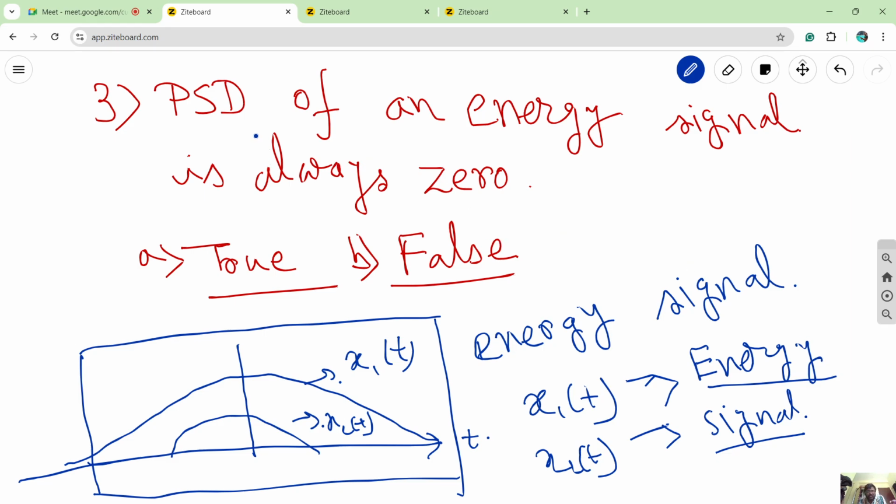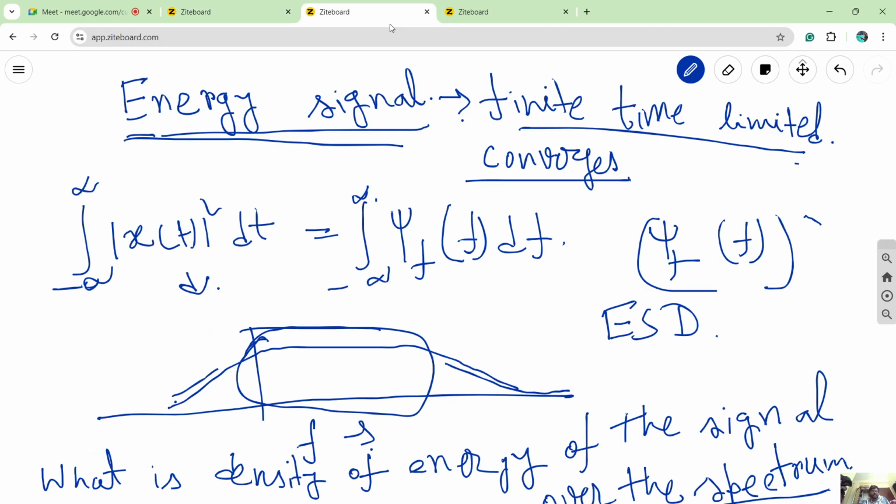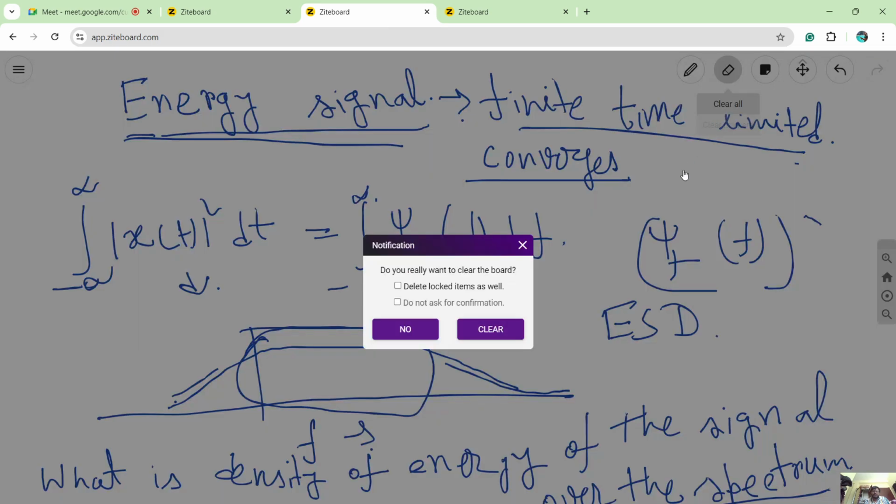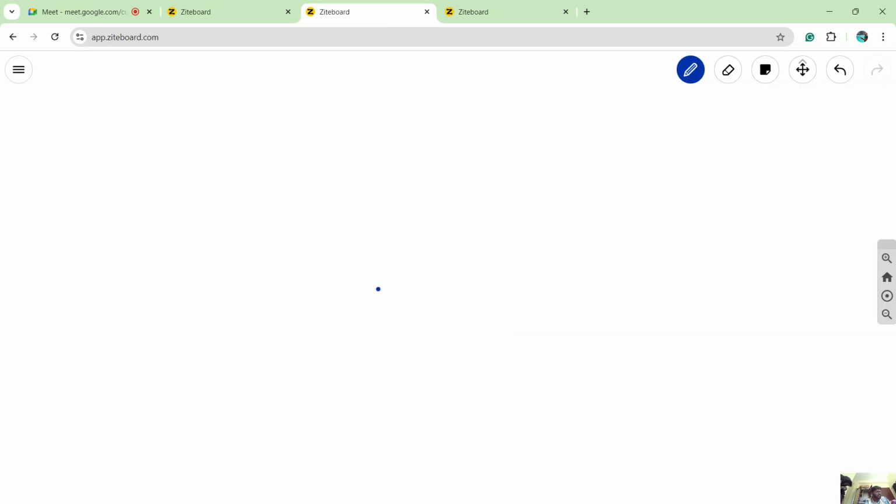Now, if we want to calculate the power spectral density, what will be the power spectral density? For that, we have to calculate the integral from minus infinity to infinity of S(f) df.